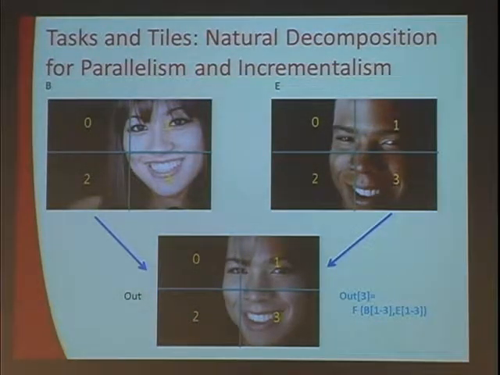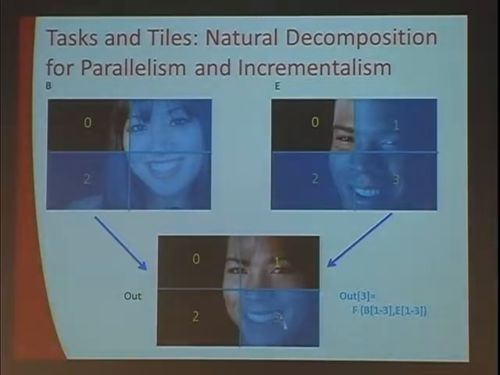So here's the very basic idea behind what you saw. The way to parallelize this algorithm is to divide your images into tiles, right? And then if we look at a particular tile in the output, for example, tile 3 here, and we look at the dynamic dependencies, that is, what other tiles does the output tile 3 depend on, it's going to be a function of some other tiles.